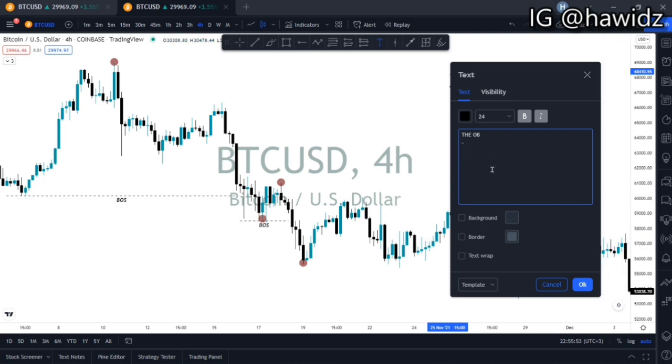So let's continue. So it should have what? Imbalances, right? Above or below it in their respective manner, as I said previously. And also it should be unmitigated, right? A zone that hasn't been tested or retested, right?